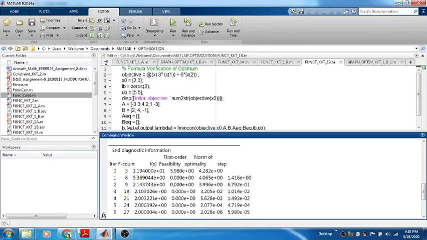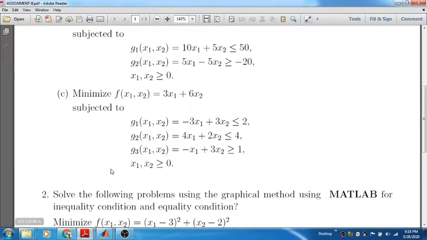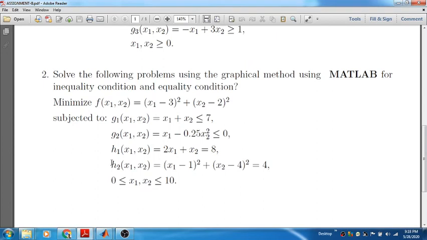Let's do the third, that is the last problem I am interested in. You can read this problem and you can see the difference between these two, that means the last problem and this problem.